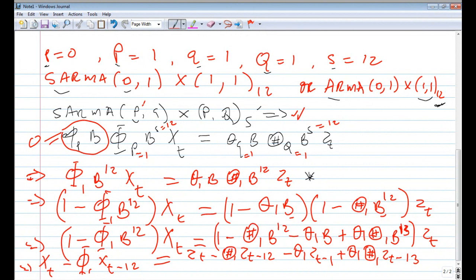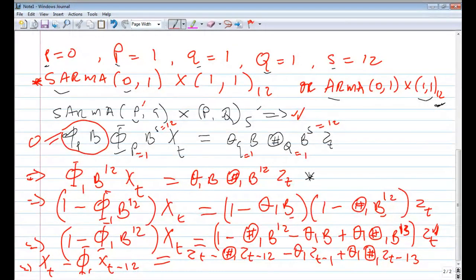Sometimes they don't give you those p equal to 0, P equal to 1. They just give you this one as it is. You see this one? SARMA. They just give you SARMA 0111 and they say, write it in backshift operator. In other words, write it in this form.